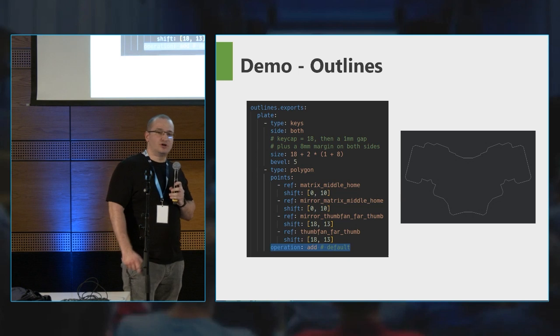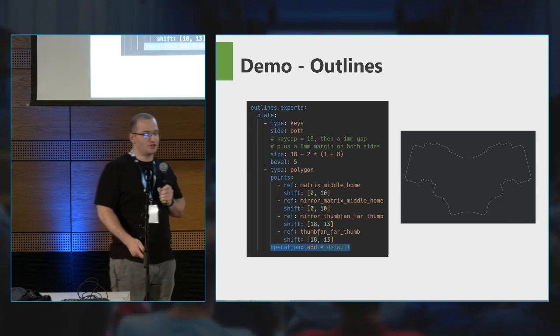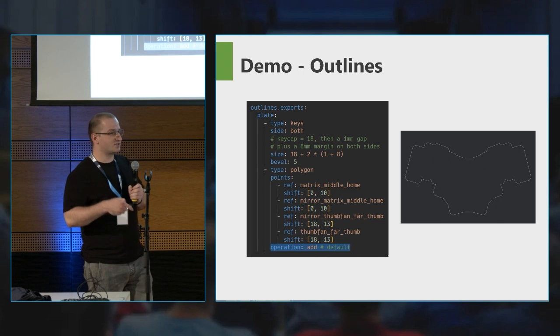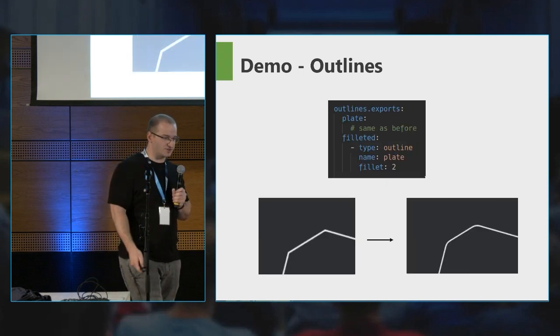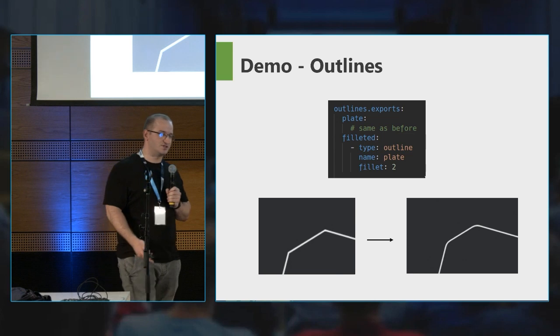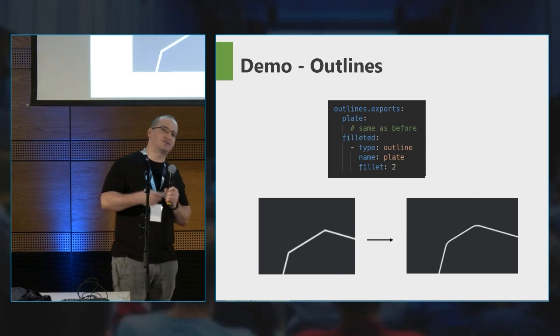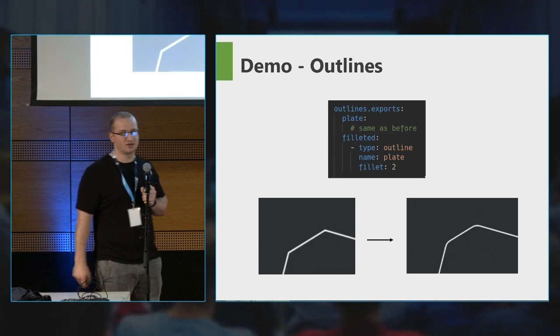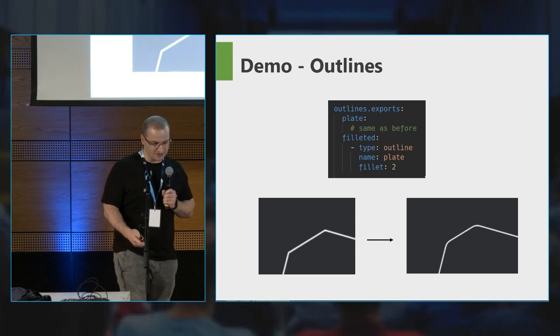Now, if we want to further refine this, we can use existing outlines like this plate one that we just defined as starting points for other shapes. For example, if we define the filleted shape, that can use the plate outline and add an extra fillet operation of 2, which means just the rounding of the remaining hard corners by a 2mm radius.